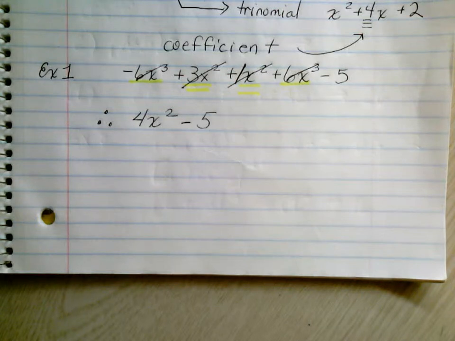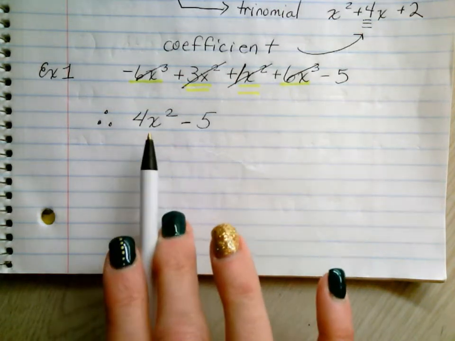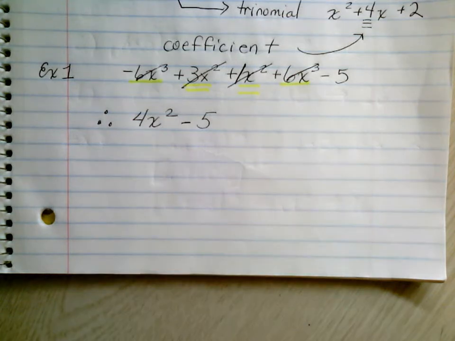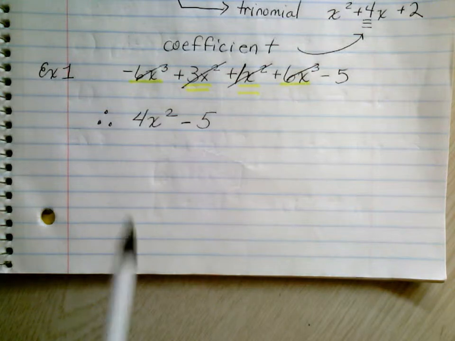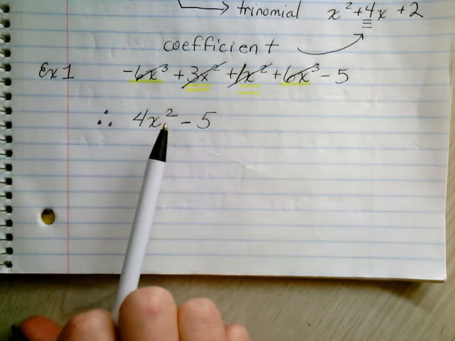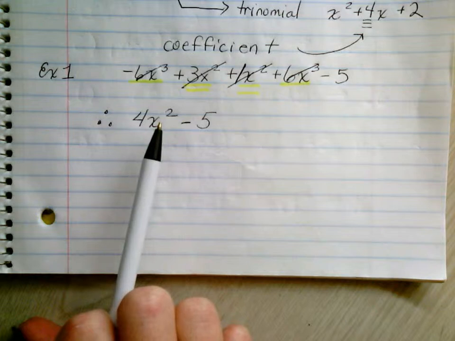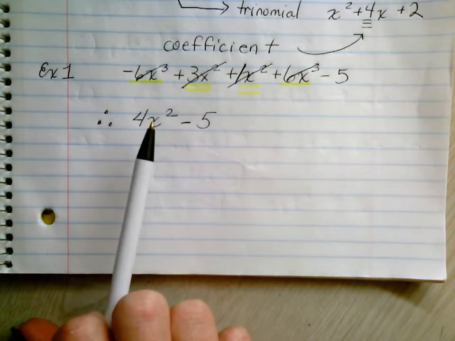Just something to note, when you're dealing with multiple variables and multiple types of variables, I always list them from the largest exponent down, and then I try to also do alphabetically if possible.